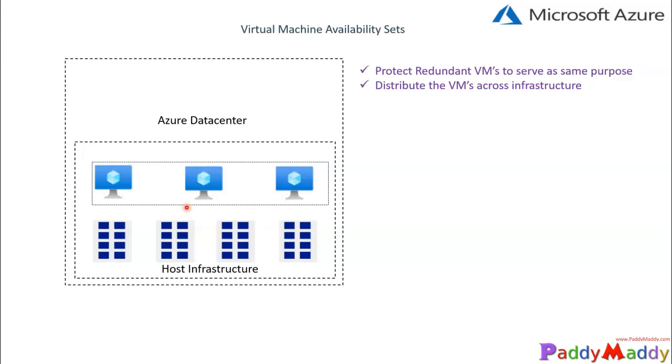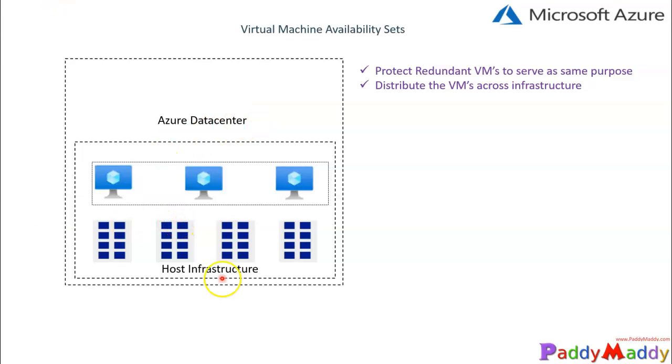Microsoft offers you that in terms of distributing the load, or the virtual machines, to spread over different host infrastructure, so that it's spread across the infrastructure in a high availability mode. That's where the availability sets serve the actual purpose for us.